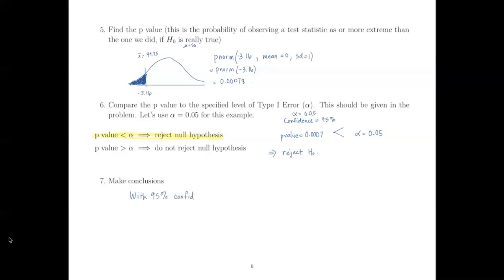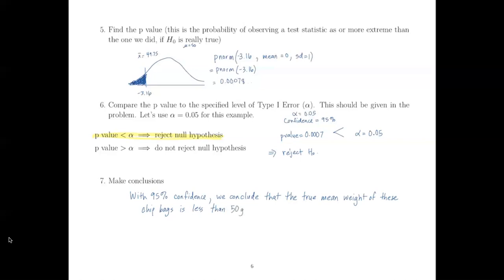we conclude that the true mean weight of these chip bags is less than 50 grams.